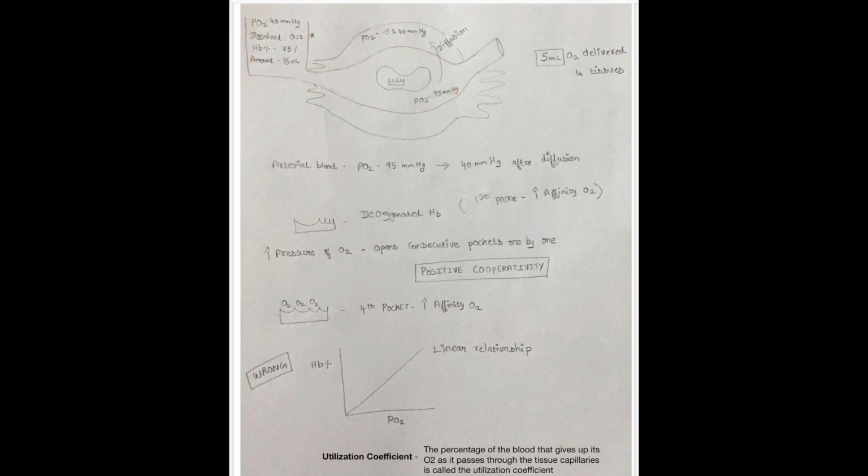As we discussed earlier, the partial pressure of deoxygenated blood is 40 mm of mercury. In deoxygenated blood, the hemoglobin saturation is 75%. This we have also discussed earlier. Now, the carbon dioxide first goes to the interstitial fluid, then to the blood.